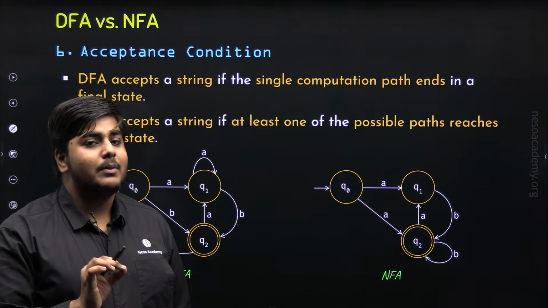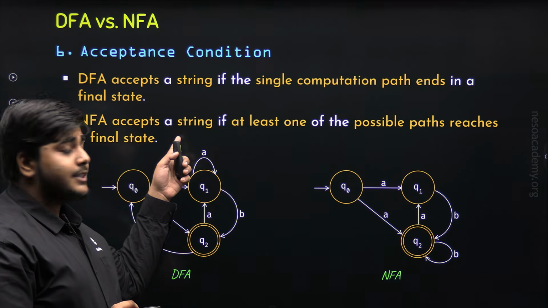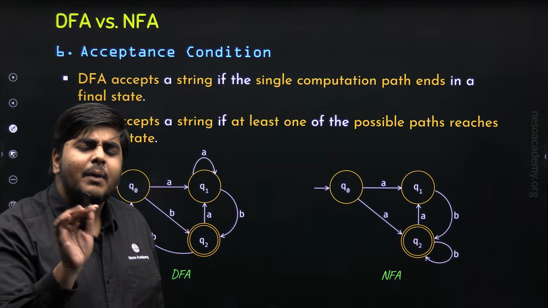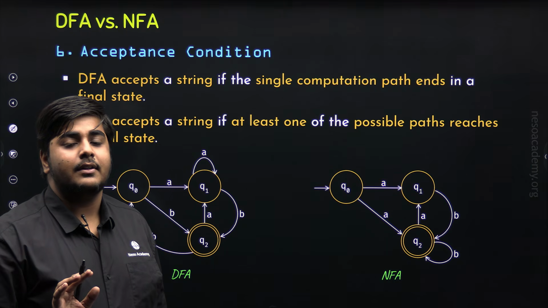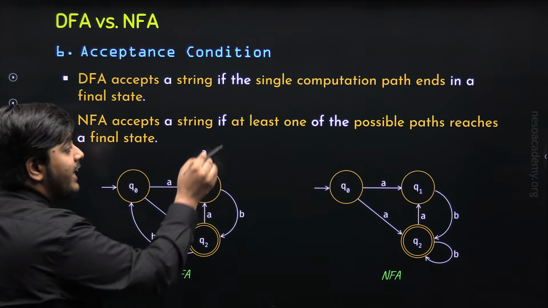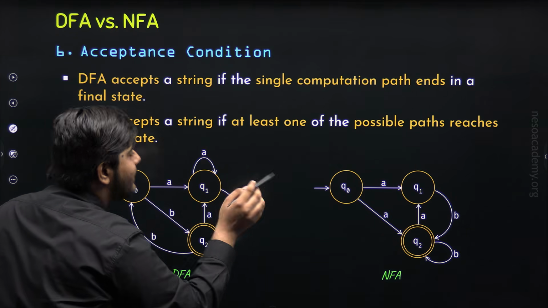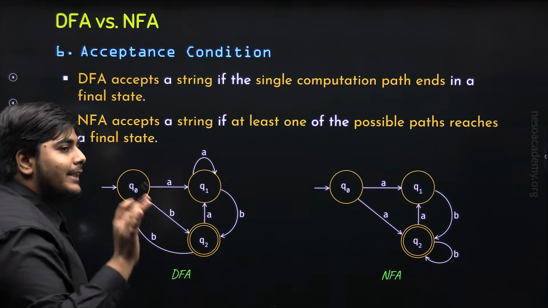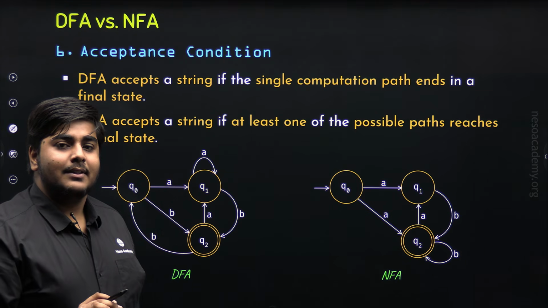So the string AB will be accepted. But according to this point, even if only one computation path reaches the accepting state, the string will still be accepted.